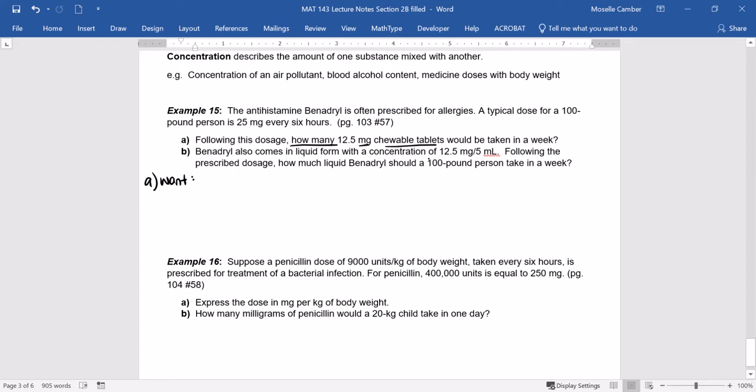So we have tablets that are 12.5 milligrams, which says that there are 12.5 milligrams in one tablet. When I ask how many 12.5 milligram chewable tablets will be taken, what I'm really wanting is the total number of tablets that would be taken.